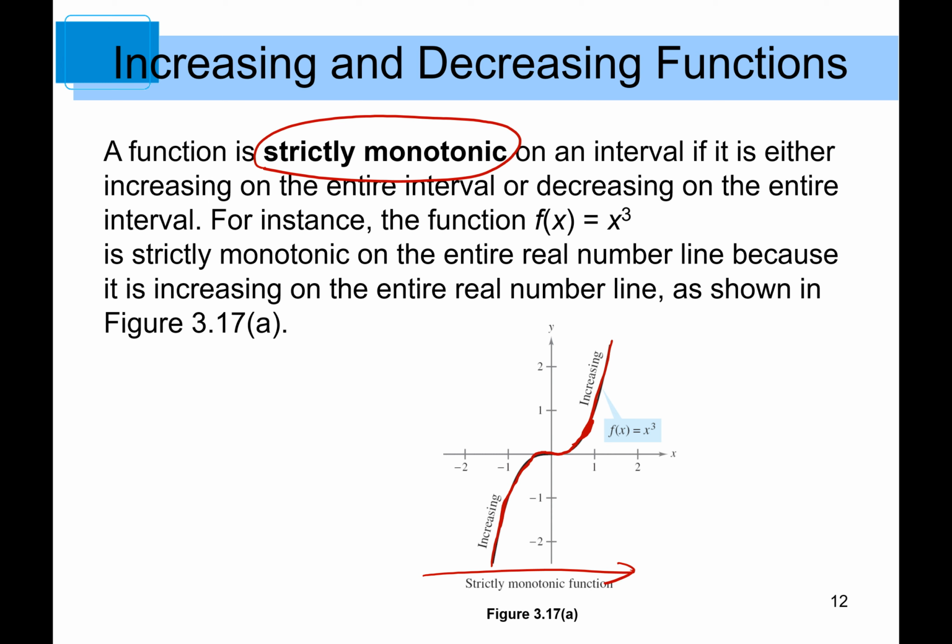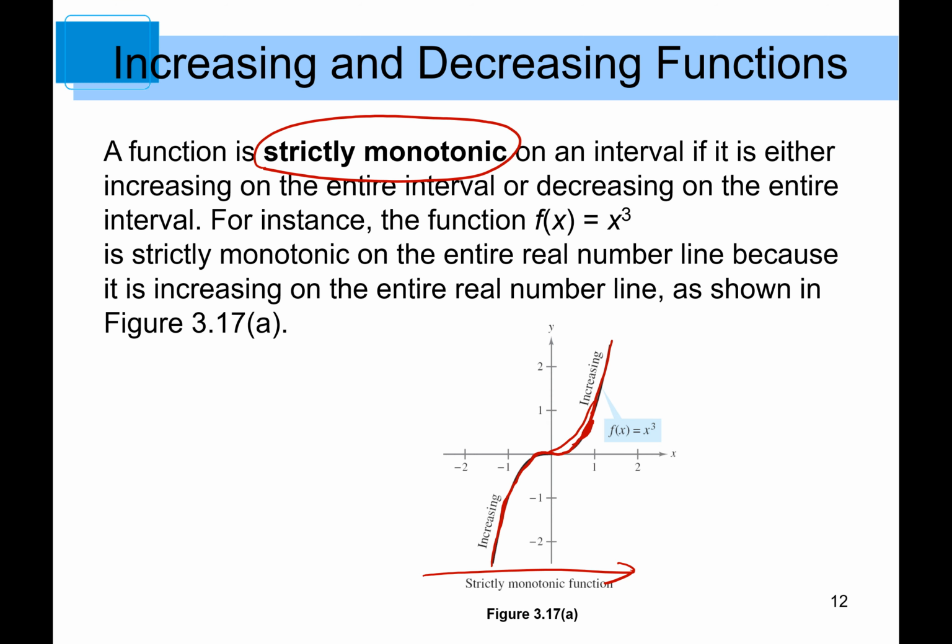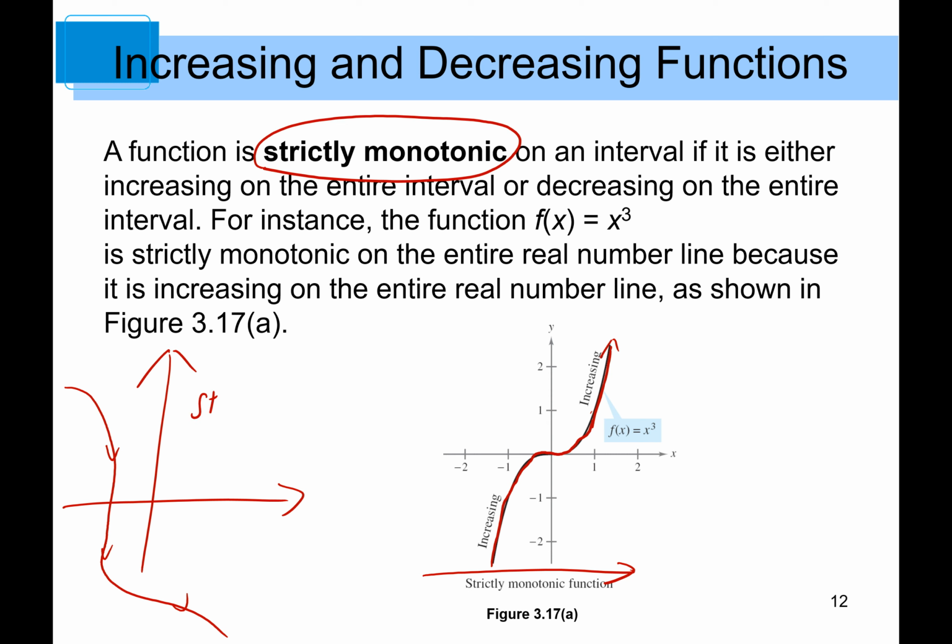It's going all the way up, so that means it's strictly monotonic. It could also be going all the way down, like this one. As you can see, from left to right it's going all the way down. It's decreasing throughout, so this is also strictly monotonic.